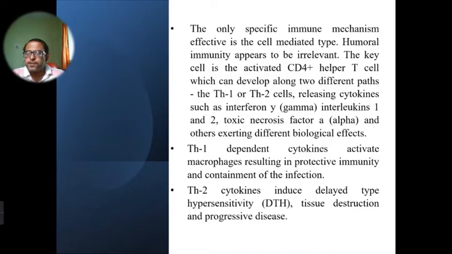This is the most effective way through which this bacterium can be killed in the infected person. So, out of 10, only 1 person develops active tuberculosis, while the other 9 are capable of killing the pathogen by using this cell-mediated immune response.